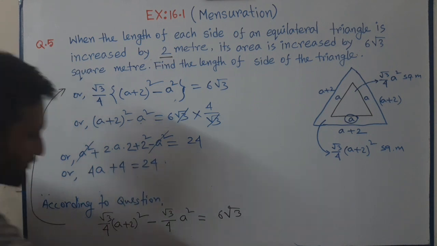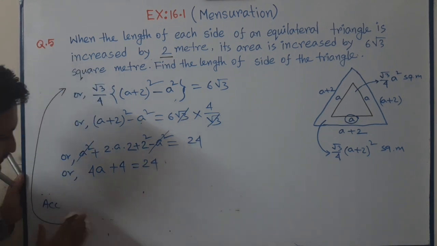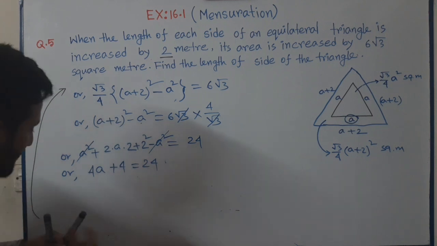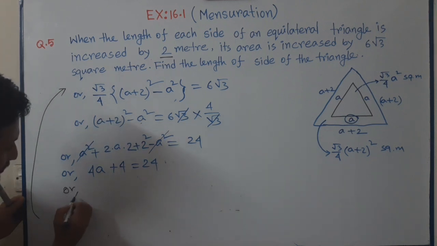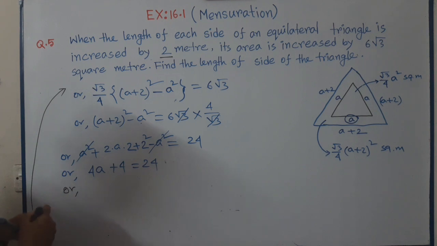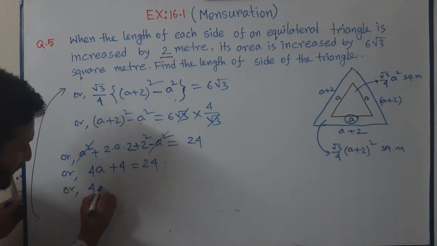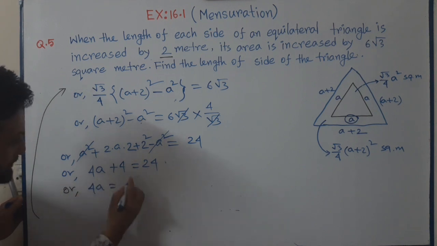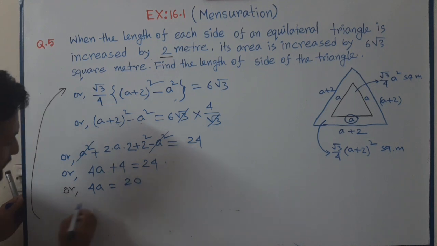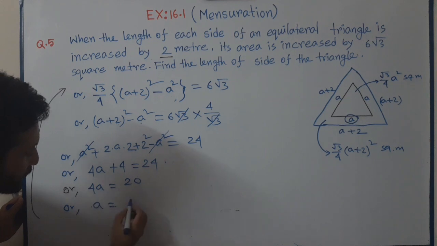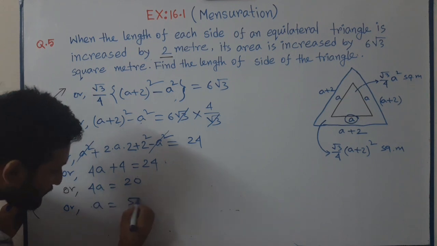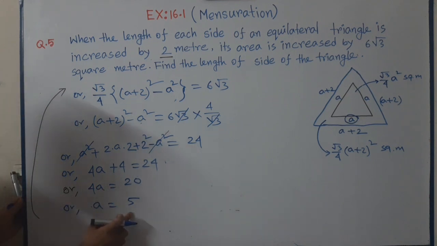We can write again 4A plus 4 equals 24, that means 4A equals 24 minus 4, so 20, or A equals 20 divided by 4, that means 5.